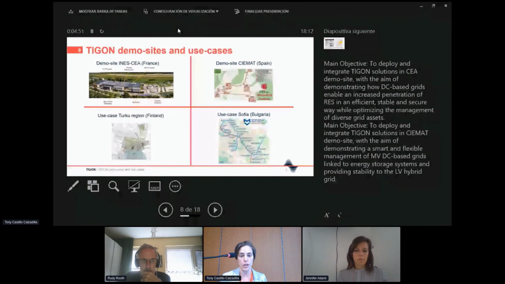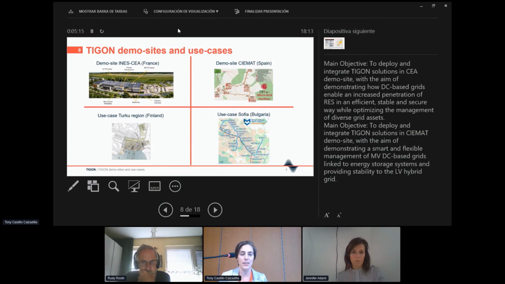Beyond these two demo sites, we have already identified two different use cases where the solutions that will be tested and developed in the two demo sites will be replicated. The first one is in the Turku region, which is a residential district, and I will provide you more details in the next few minutes.